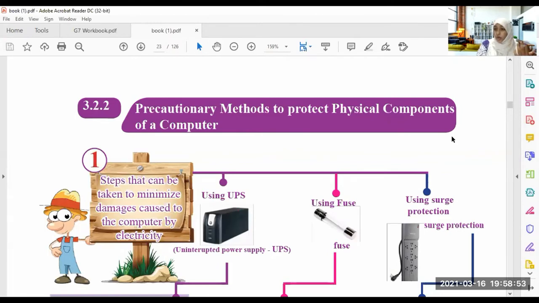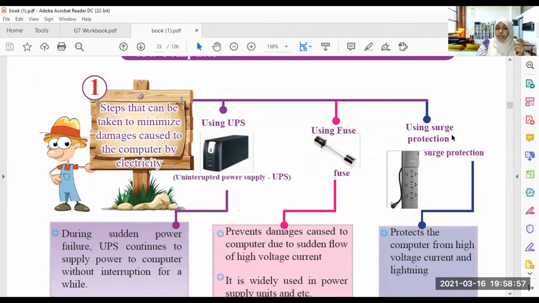What precautions can we take? First one, steps that can be taken to minimize damage caused to the computer by electricity. We learned that electricity can cause damage to the computer. Now let's learn how to minimize these damages.